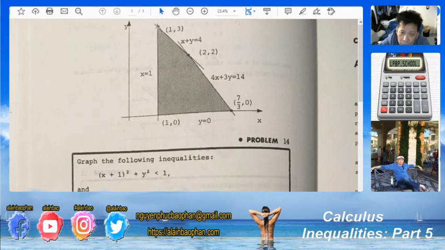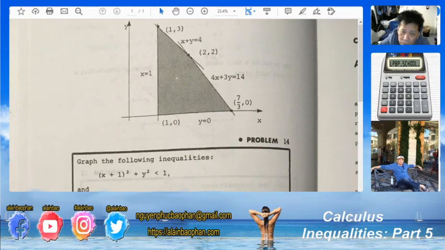Remember that the first inequalities are already solved. So it's this area right here up there, and then it's also x plus y less than or equal 4.